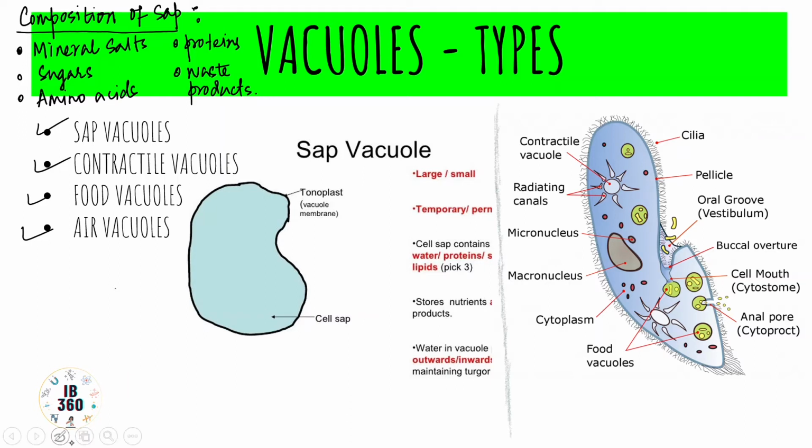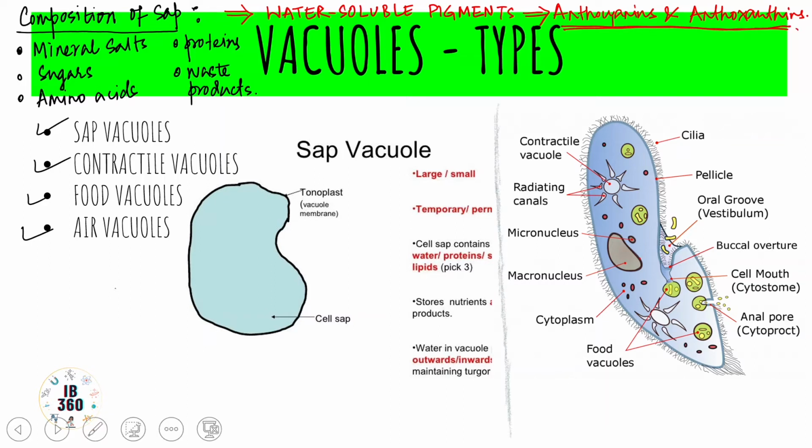Water soluble means they can dissolve in water. These water soluble pigments, known as anthocyanins and anthoxanthins, are very important.